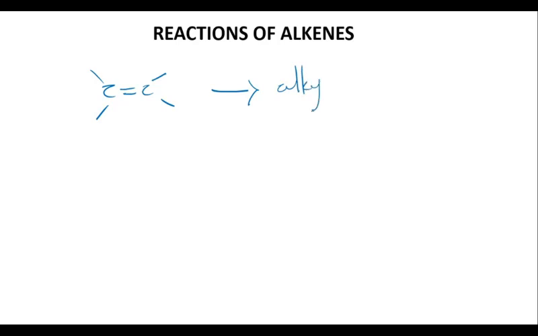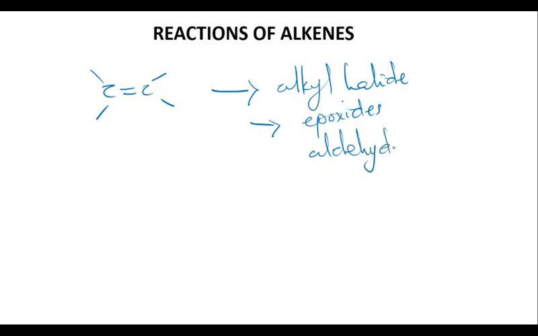An alkyl halide. So we can get an alkyl halide from an alkene. We can also produce epoxides from alkenes. We can also produce aldehydes and ketones from alkenes.